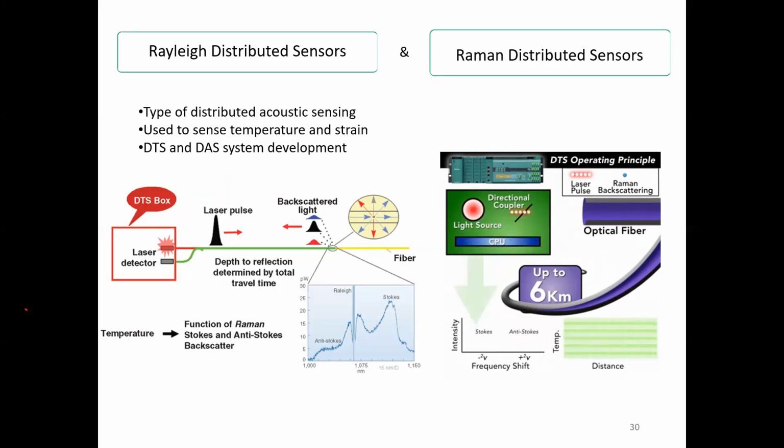Due to this non-uniformity in the glass, when we launch any light signal into the glass, some portion of light will always be back reflected, scattered. It is called Rayleigh backscattering. So when we send a laser pulse, some portion of the light will always be backscattered and come back, and that we can receive.